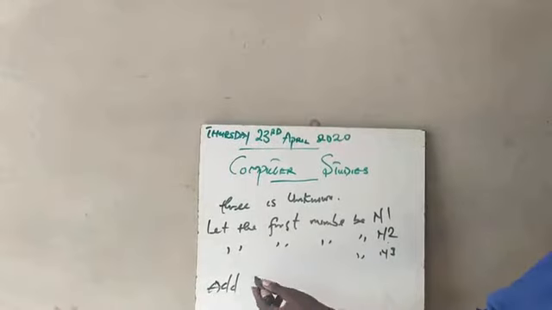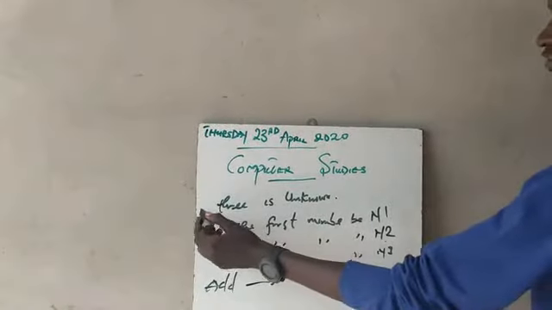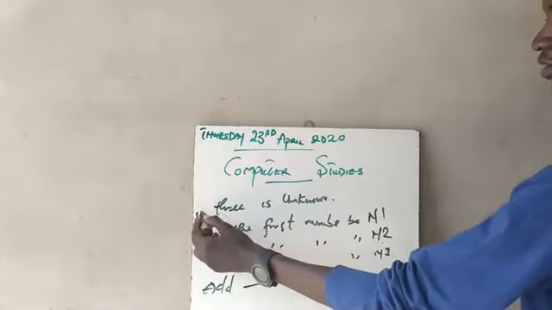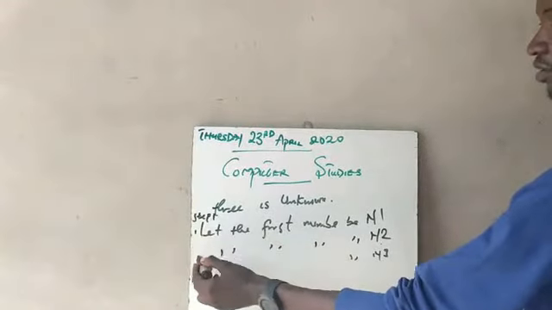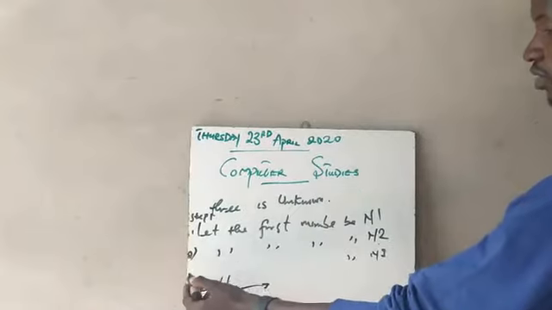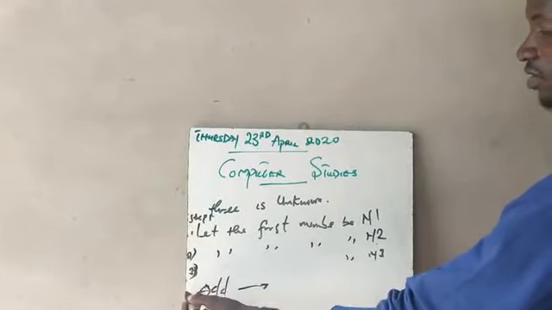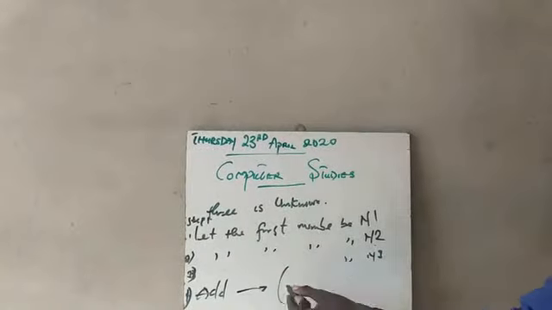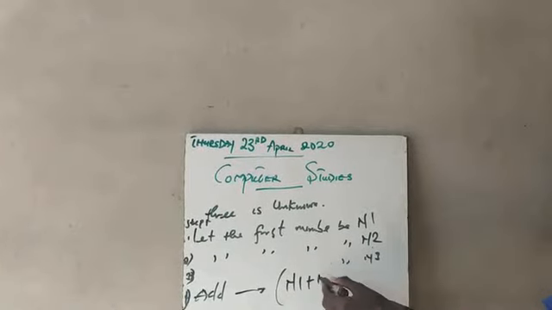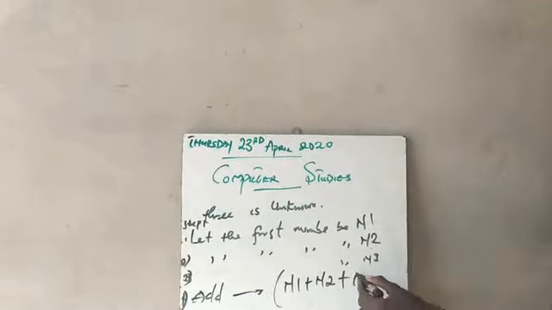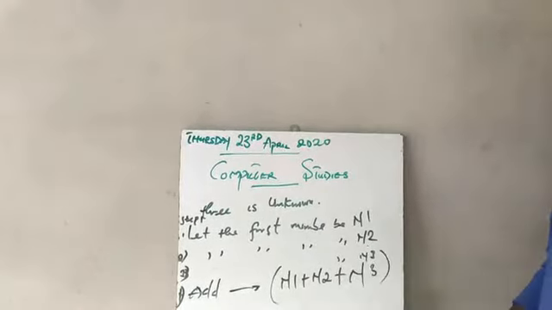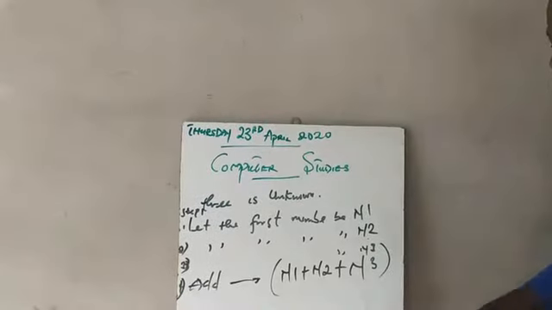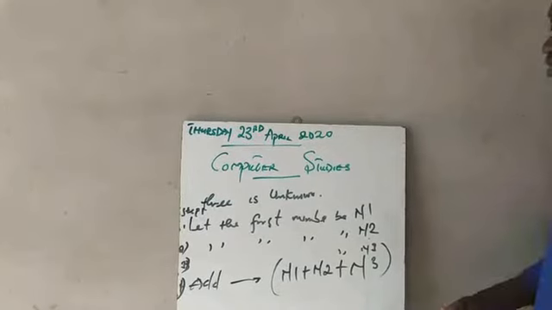Let's say this is the first step: step 1, step 2, step 3, step 4. Then you add all the values that you have, n1 plus n2 plus n3. Am I communicating? Because it said to calculate the average of three numbers.